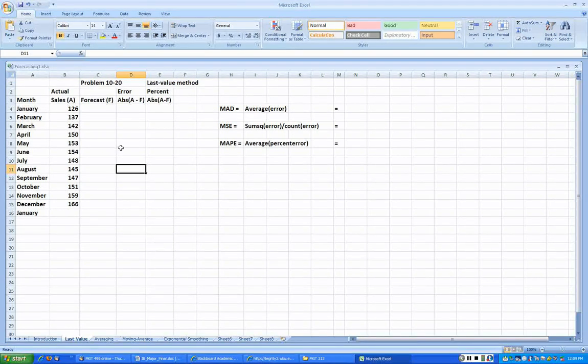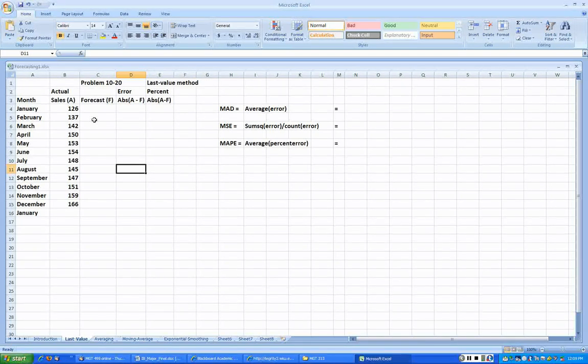Now what is the last value method? Like, for example, today is sunny. If it is sunny outside today, then what is the forecast for tomorrow? Most likely the forecast for tomorrow would be what it is today. So that's the last value method: what immediately preceded is what you can expect.